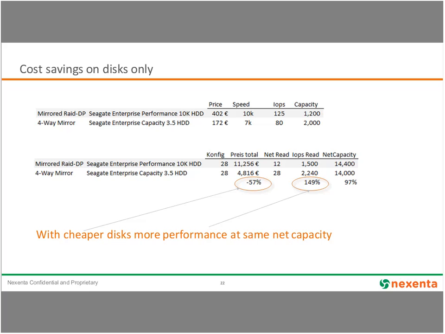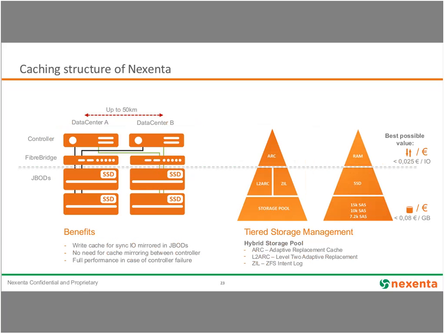On top of that, Nexenta is using very clever caching. So the disk calculation is just for the raw random read backend performance. And now what we're doing on top of that, we're using RAM in the controller to accelerate any incoming and outgoing IOs.